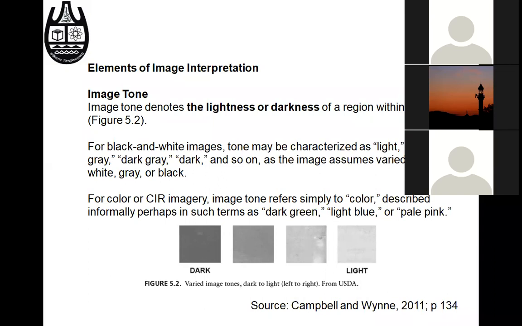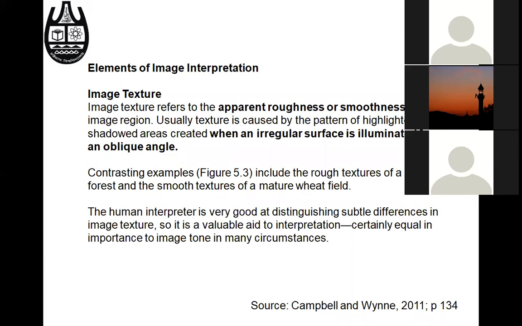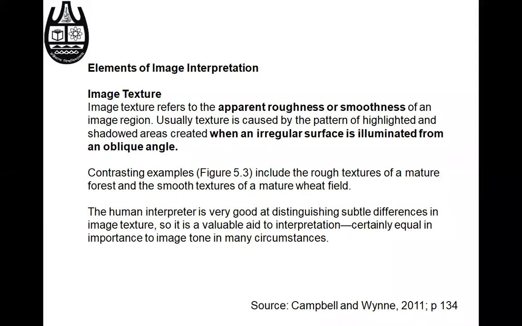So first of all, image tone, and secondly, texture are also very important because that also gives you the information about a particular object, how rough or smooth a particular object is. And this will also give you the understanding of what is the pattern of that particular object that can reflect the light in which angle.